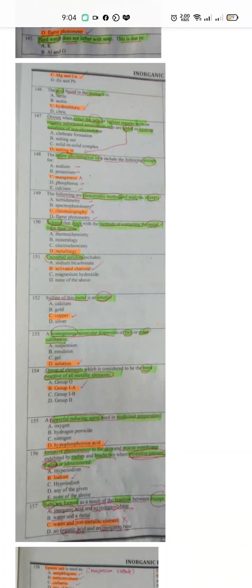Okay, number 154, the group of elements which is considered to be the most reactive of all metallic elements. Again, they are your group 1A, also known as your alkali metals. Most reactive of all metallic elements: group 1A, or your alkali metals.